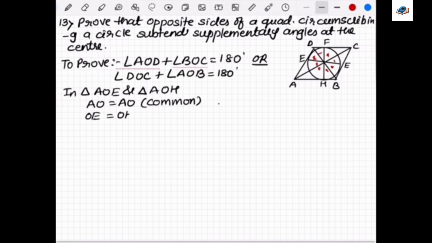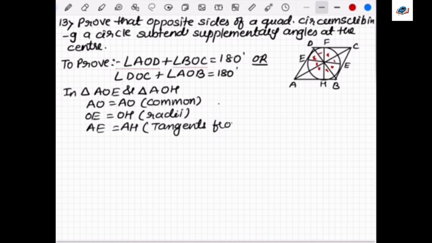So therefore I can say angle 1 equal to 2. Similarly, angle 3 equal to angle 4, angle 5 equal to angle 6, and angle 7 equal to angle 8.